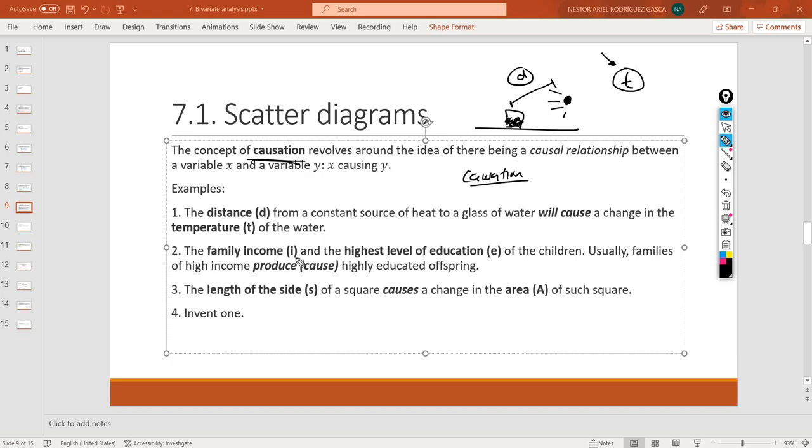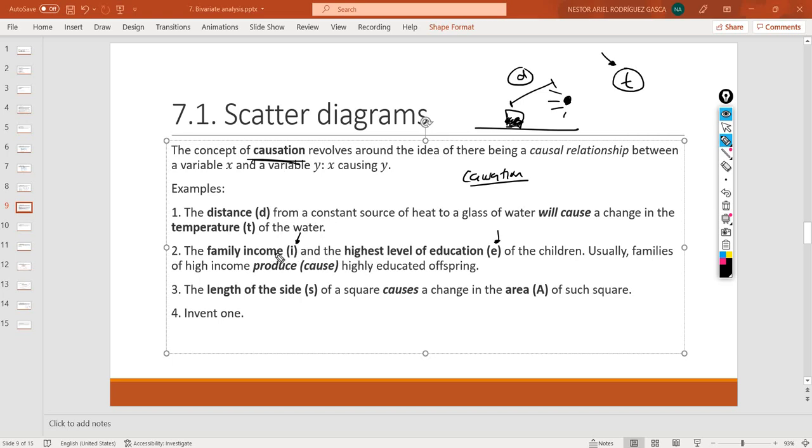What about this one, the family income? Let's represent that variable through I, for income, and the highest level of education of the children. Are these two variables causally connected? Yes. As far as I understand the statistics, they do not only correlate.